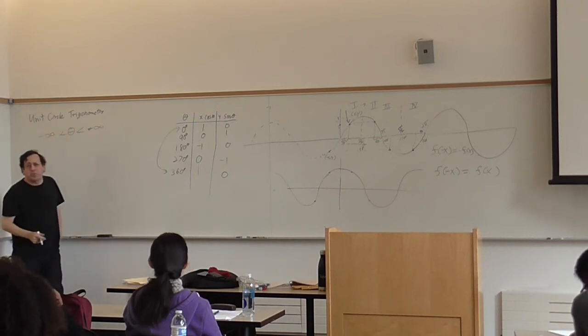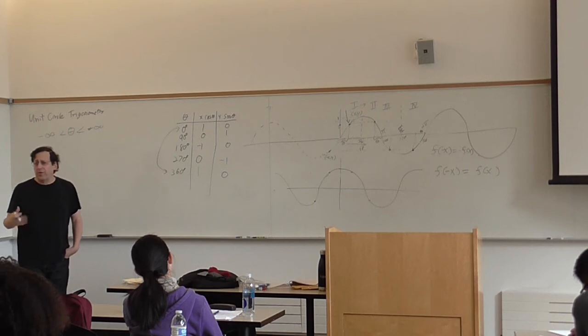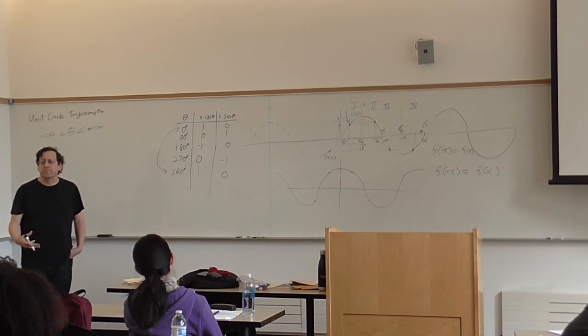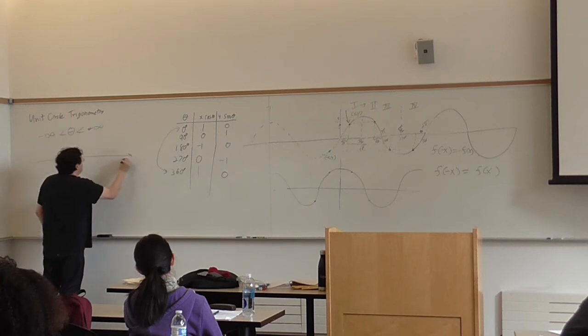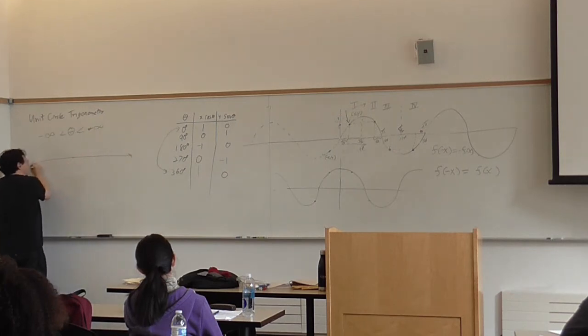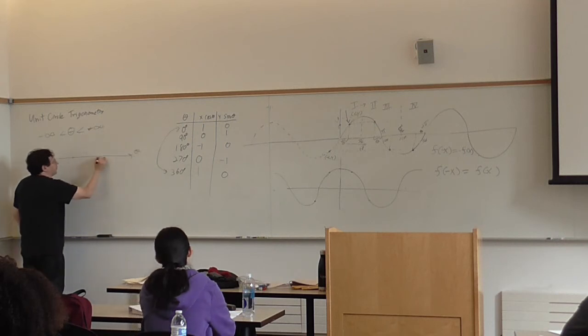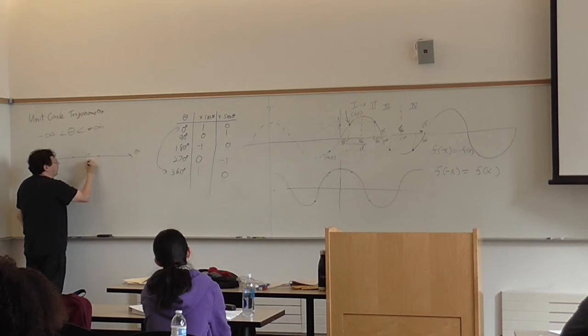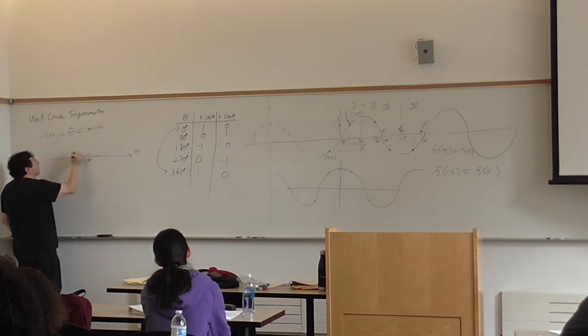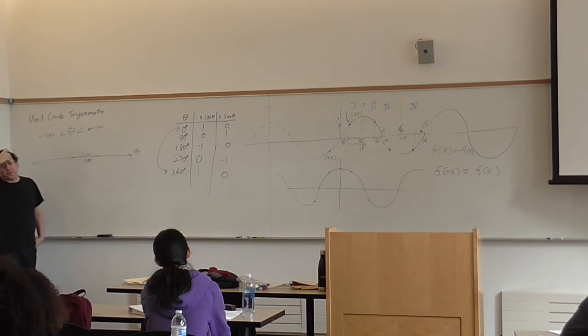Any real value. But it's a periodic function. So if I'm looking at theta values, we'll call this the theta axis, every 2 pi or every 360 degrees, the sine and cosine functions are going to repeat.